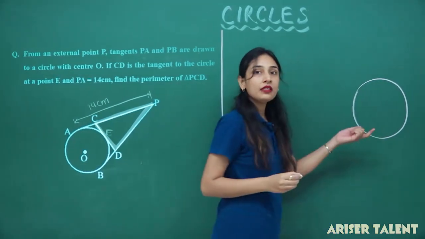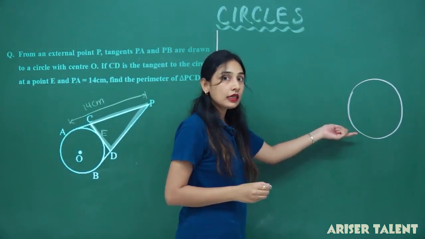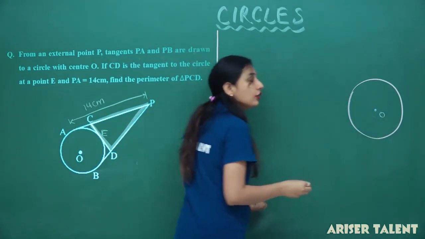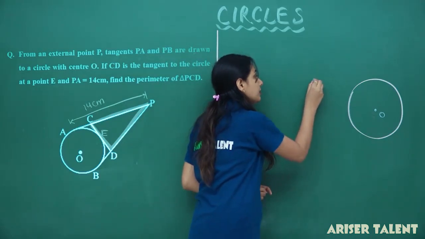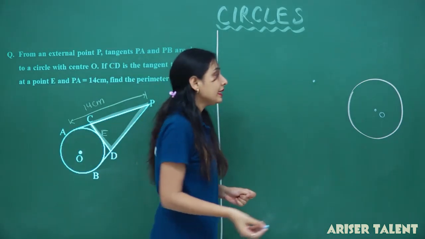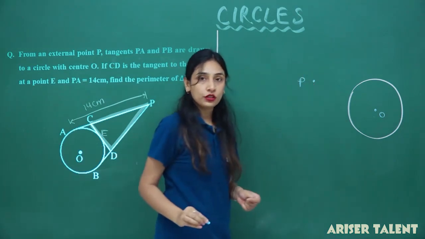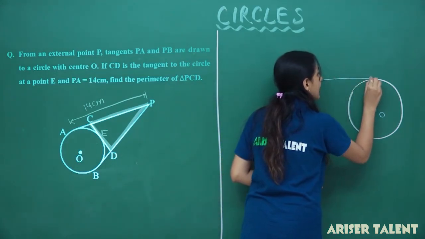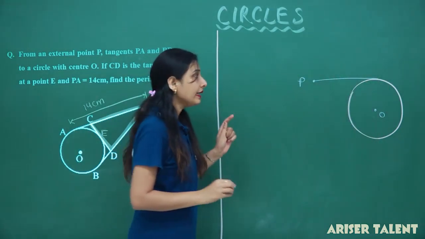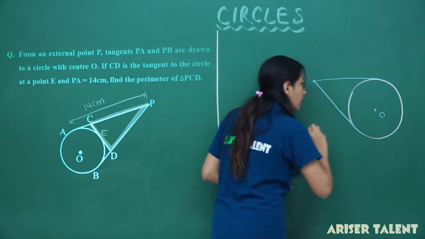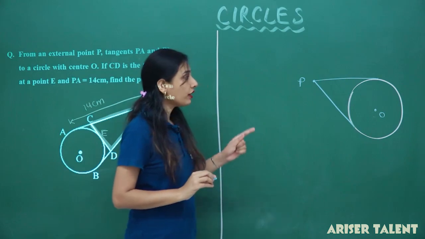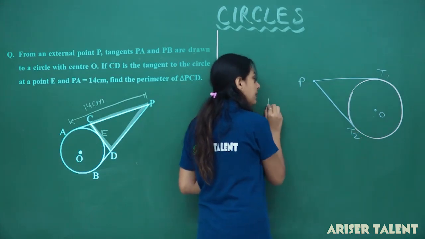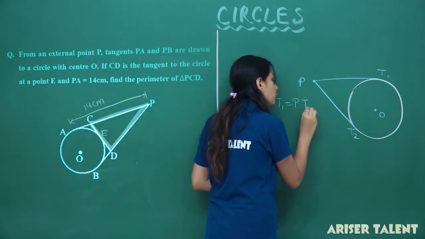I've told you, if this is a circle and you have its center as O and an outside point here, name it P or name it T as you wish. From this point, if I draw a tangent here and a tangent here too, and this is T1 and this is T2, then PT1 will be equal to PT2.